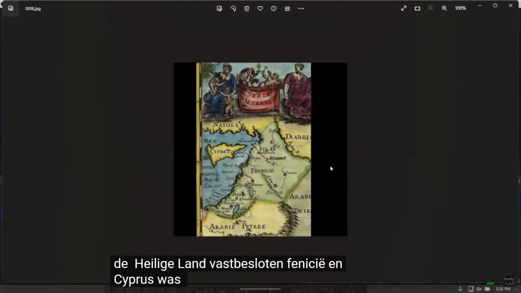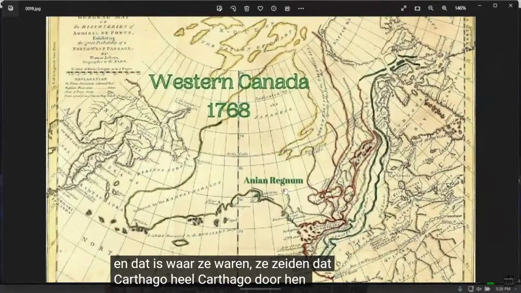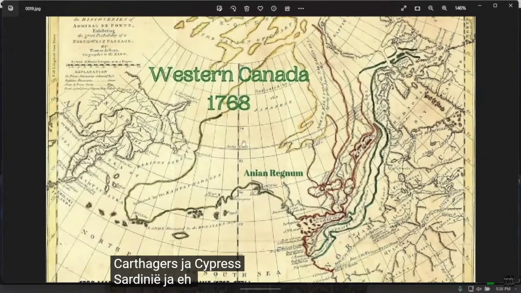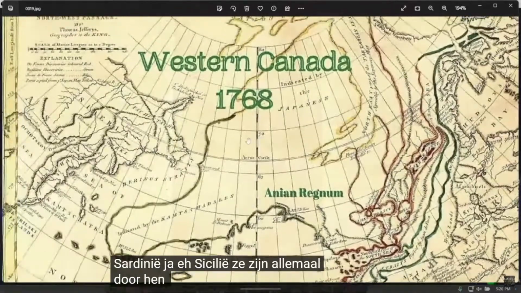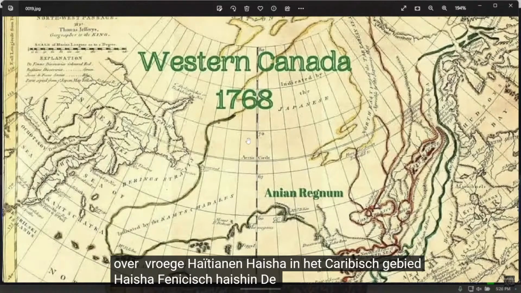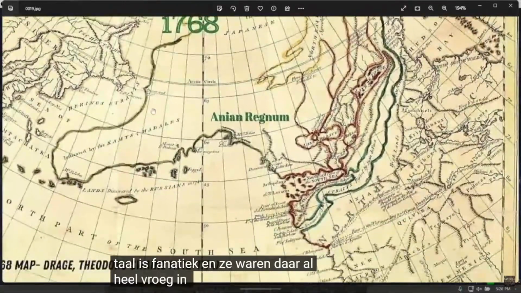And Cyprus was a Phoenician colony as well. They said all of Carthage was settled by them. Yep, indeed, Carthaginians. Cyprus, Sardinia, Sicily, all of them were settled by them. Well, I saw a book about early Haitians, Haisha in the Caribbean. Haisha, Phoenician, and the language is phonetics, and they were there very early on in the Caribbean.